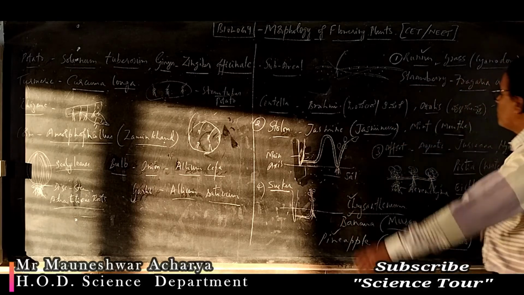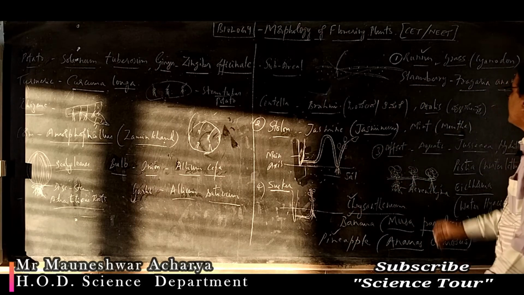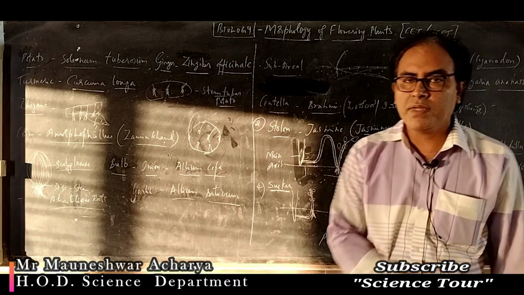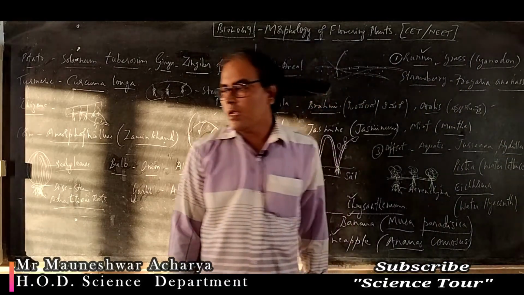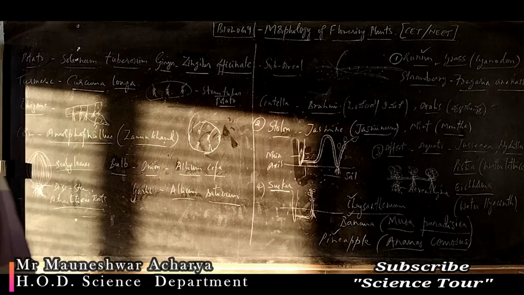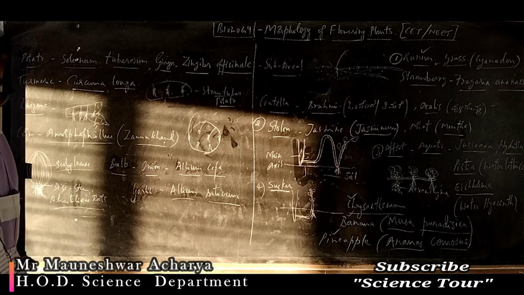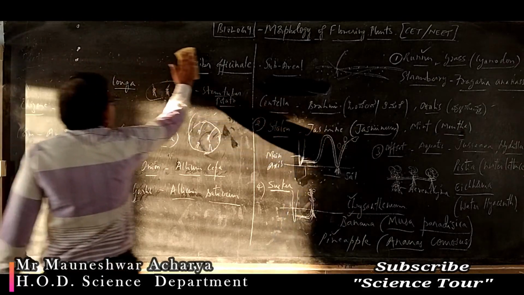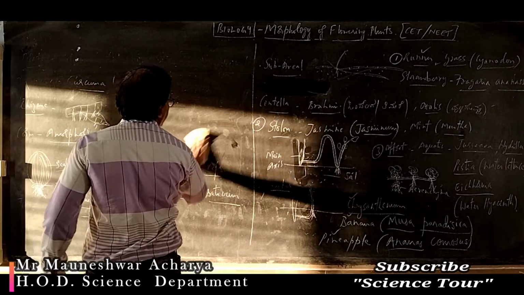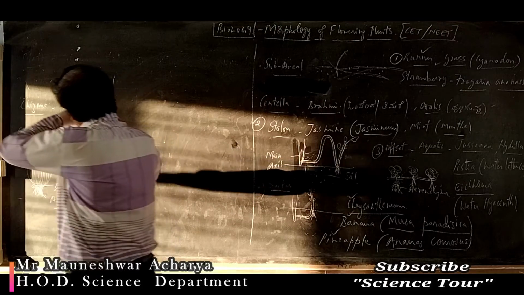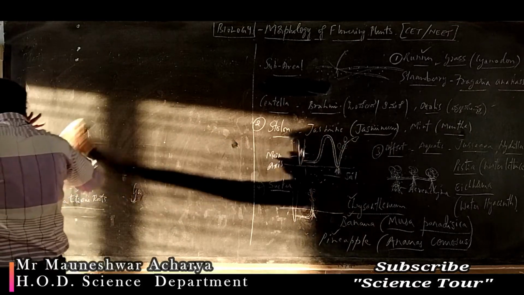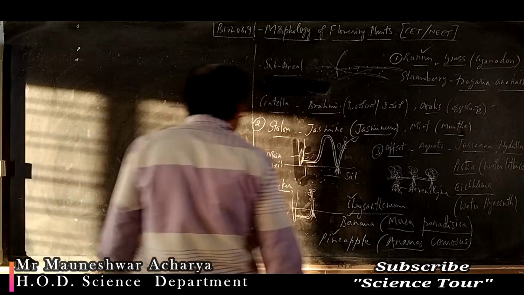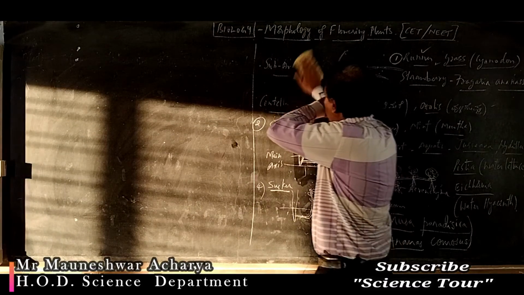So 4 types of subaerial modification you have studied. One is a runner, second one stolon, third one offset, and fourth one the sucker. And apart from that, next we will study the aerial stem modifications. So what are the aerial stem modifications?